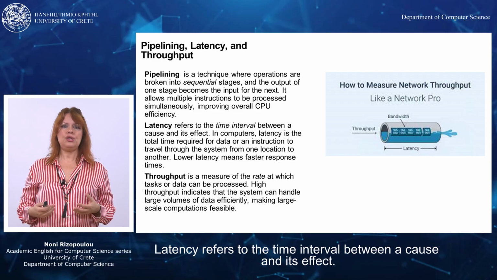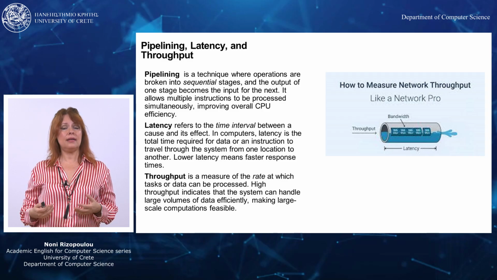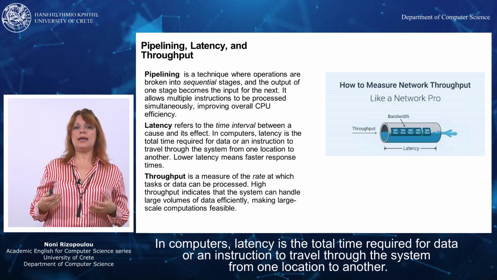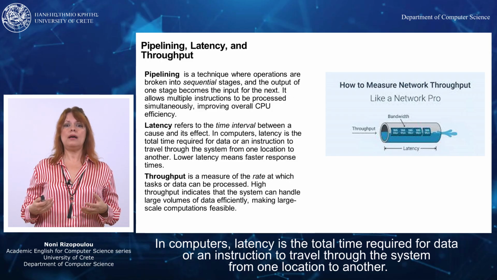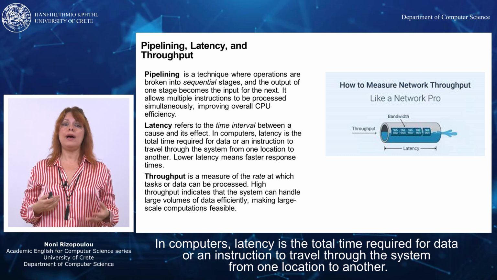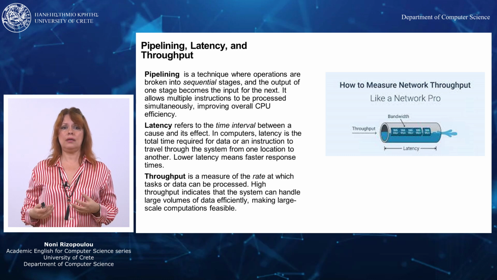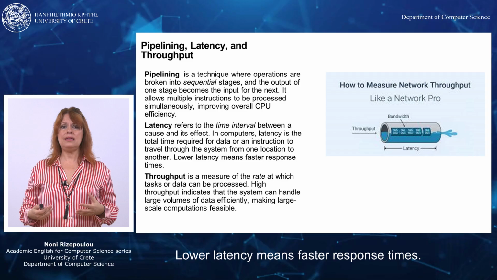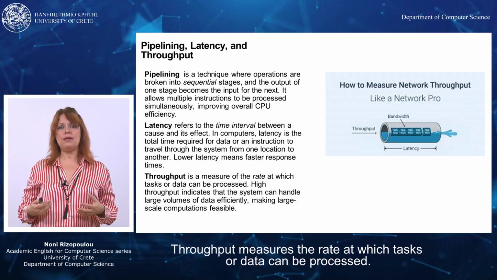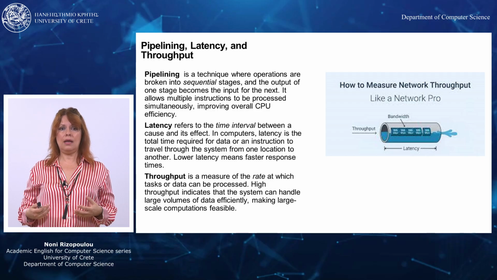Latency refers to the time interval between a cause and its effect. In computers, latency is the total time required for data or an instruction to travel through the system from one location to another. Lower latency means faster response times. Throughput measures the rate at which tasks or data can be processed.